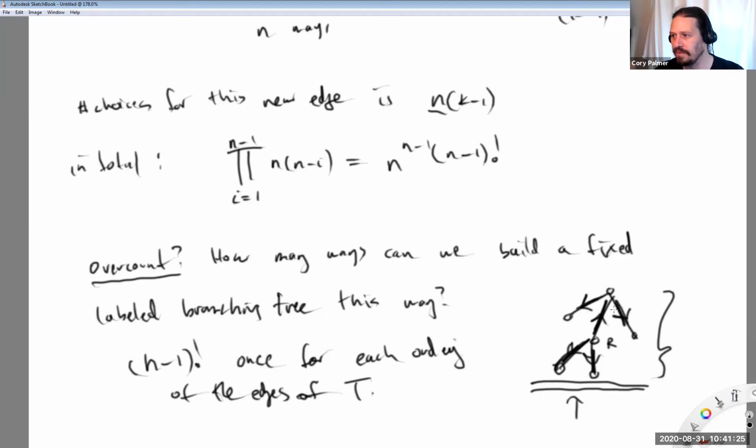Or I could have done it in a different order where this was the first edge added, then this one, then this one, then this one, then this one. There's a bunch of different ways to do that. There's as many ways to do it as you can put these edges in an order. There's n minus 1 factorial ways to arrange in order n minus 1 things, okay? So each of these branching labeled forests was counted n minus 1 factorial ways. So that's my overcount, okay?